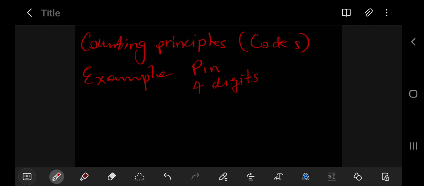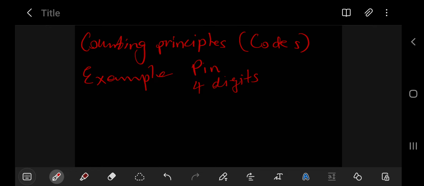So sifuna ukubona ukuthi how many pin numbers can we have if sisebenzisa or if the generator a pin number in a 4 digits, right? So sifuna ukubheka lokho ukuthi using these counting principles or permutations, how many pin numbers can we get?